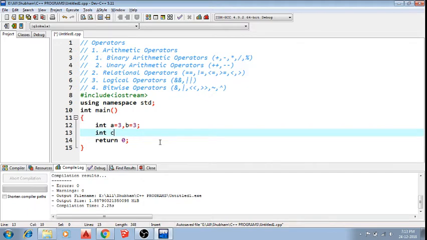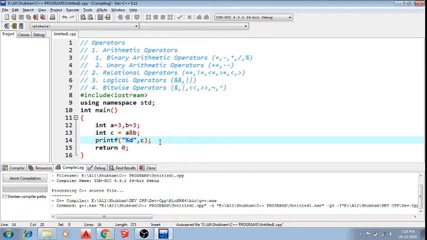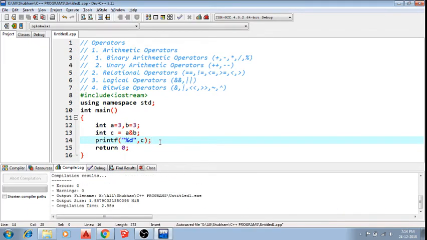Suppose integer c is equal to a and b. What will be the value of c? printf with %d for integers, and we are printing c here. We compile it and run it. The answer is 3, because a and b are both 3.